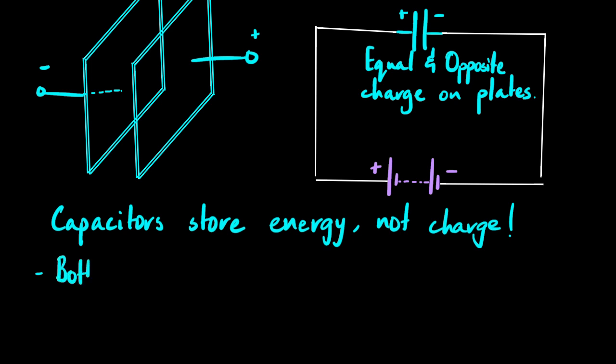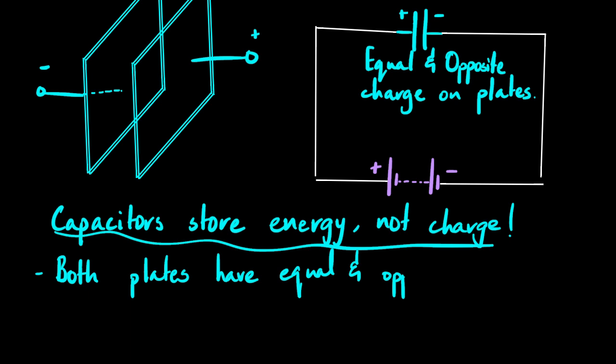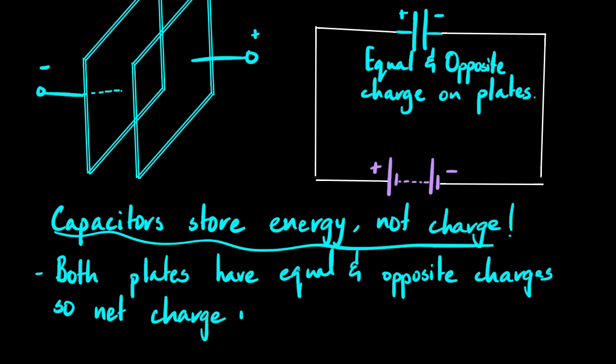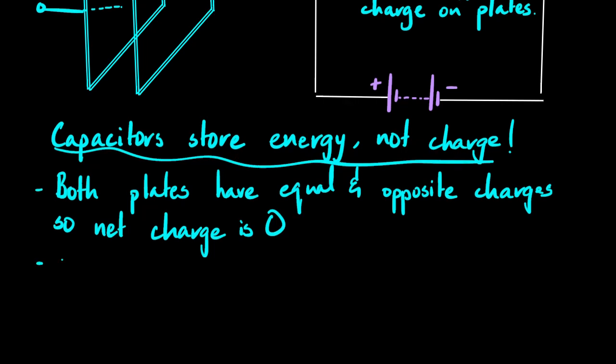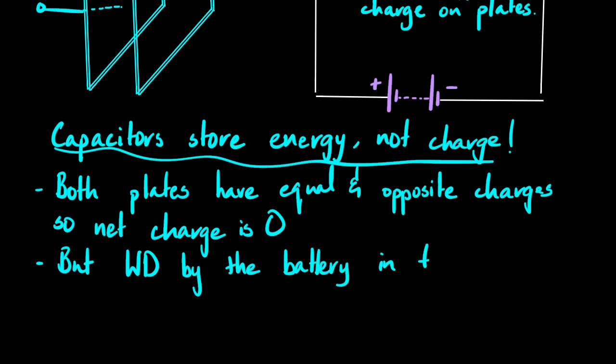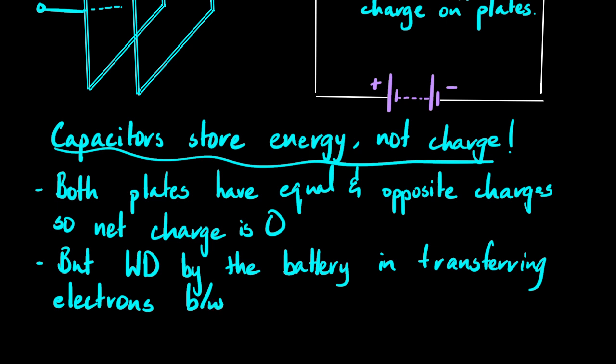So both plates have equal and opposite charges, so net charge is 0, but work is done by the battery in transferring electrons, because electrons are the main reason for the flow of current. So electrons between the plates.